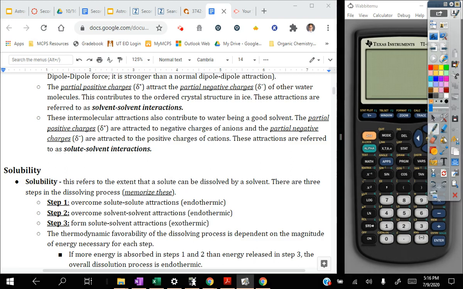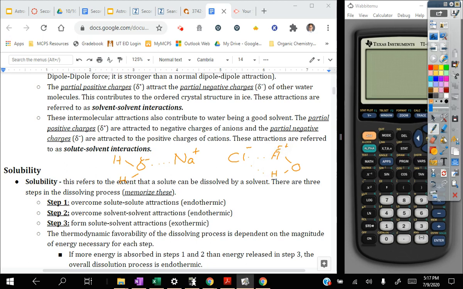The example I'm going to use here, and we'll see in a bit, is Na+ and Cl-. We know that salt dissolves in water, and when this occurs, the partial negative that we get for oxygen is going to form an attraction with the positive cation, and likewise, the partial positive H's are going to form attractions with the negative ion.